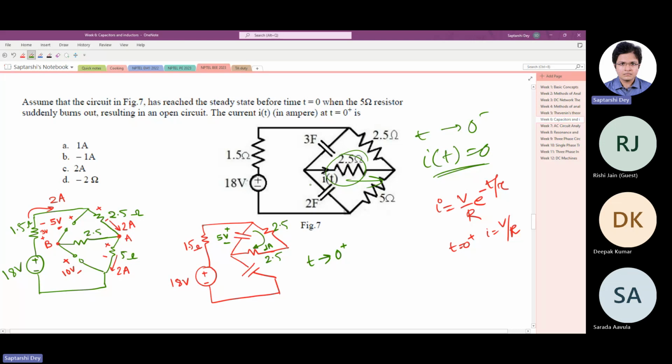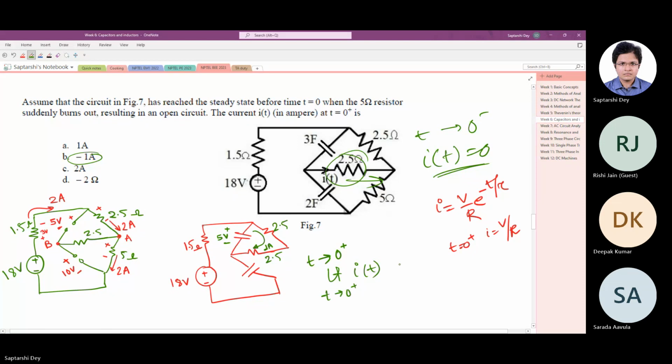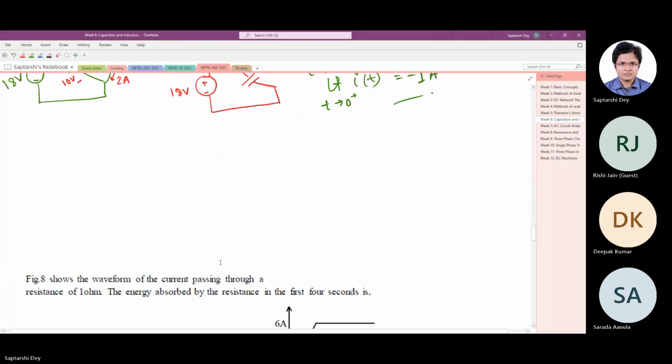You see the arrow is from left to right, so the answer will be minus 1 ampere. Any doubt here? No, sir. Okay. We'll go to the next question.